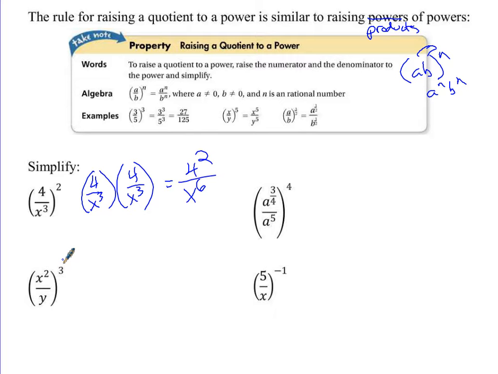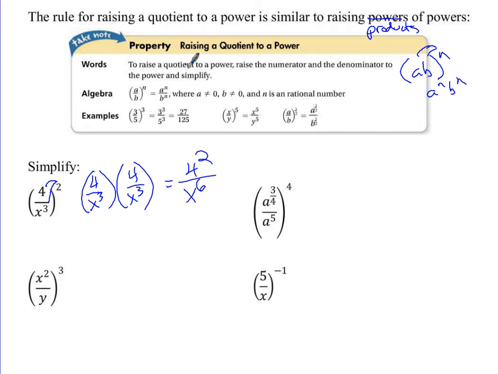So just like on this one here with that n outside, and we send it in to both terms, here we're going to take that 2 and send it in also to both terms, but it's going to the numerator and denominator this time. We had 4 to the first to the second power, so it became 4 squared. We had x to the third to the second power, so it became x to the 2 times 3, or x to the 6th.